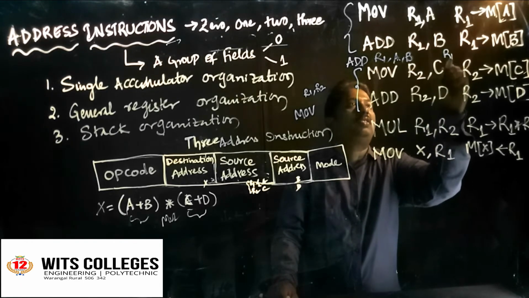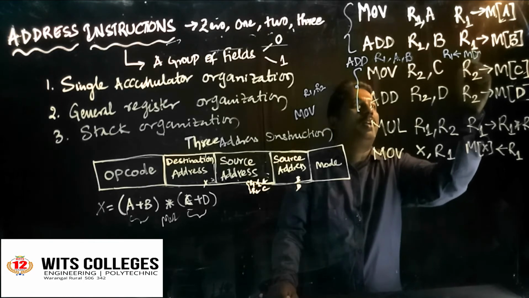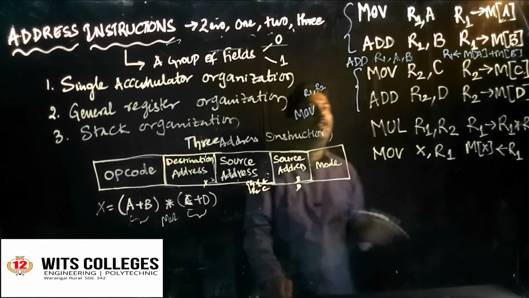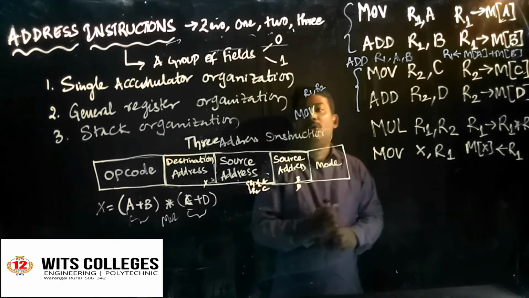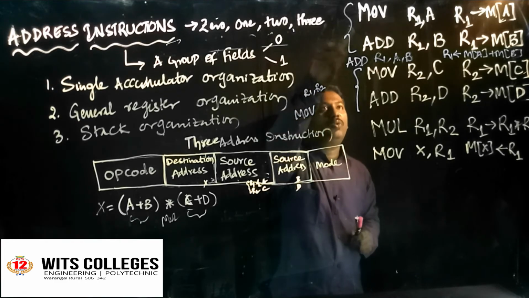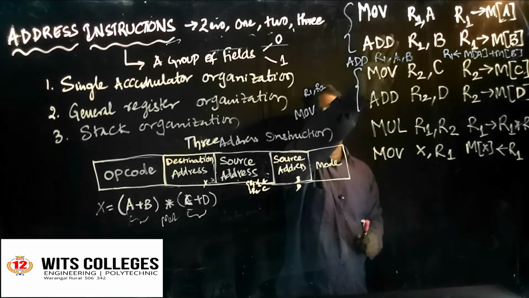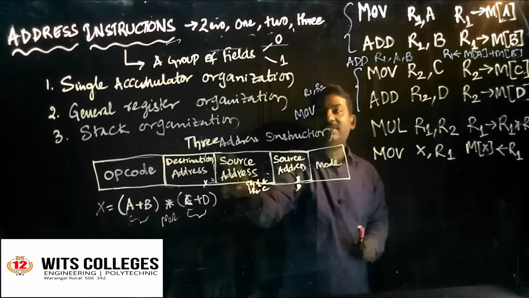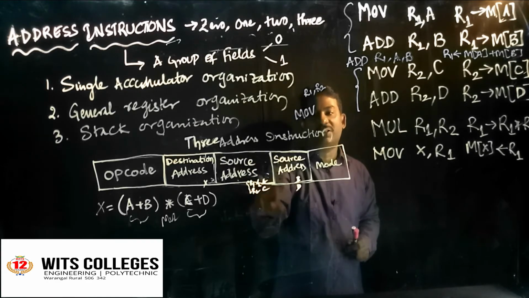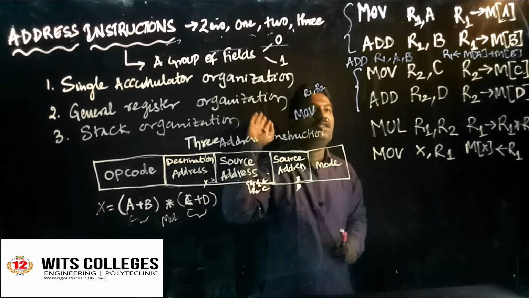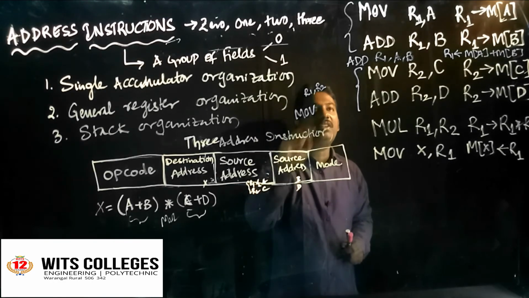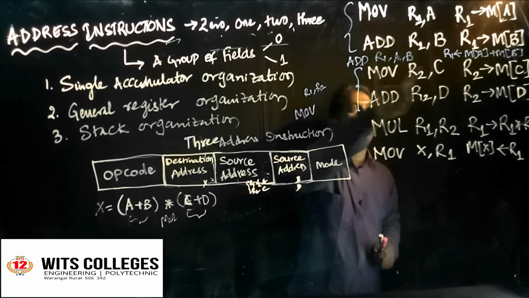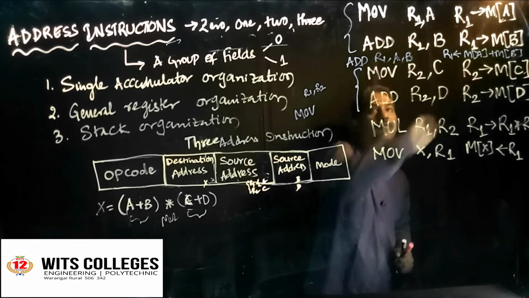So R1 stands for M of A plus M of B. Previously, with the two address instruction, there was one source and one destination, that's why we took two steps. But now it is the three address instruction. We have two sources, A and B, and the final destination is X. So for two sources we are using only one register. R1 stands for M of A plus M of B.